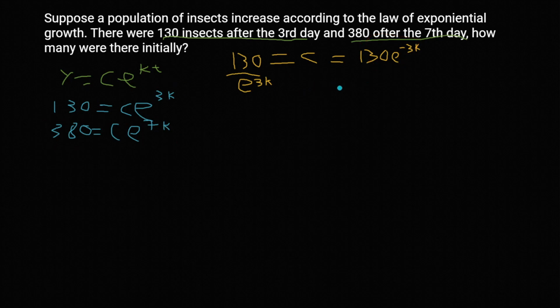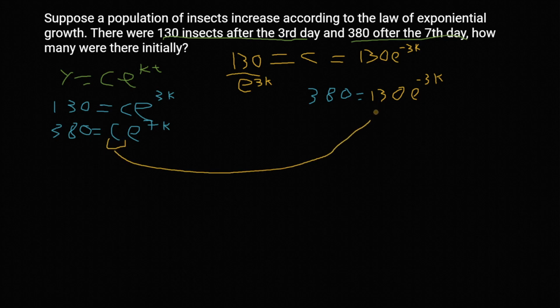So we have 380, and now c, and we know that this is c. So we're going to say this is equal to, and I'll write this in yellow to indicate that this is this c. So 130 e to the negative 3k. So that is this c right here. But it's not exactly the same.